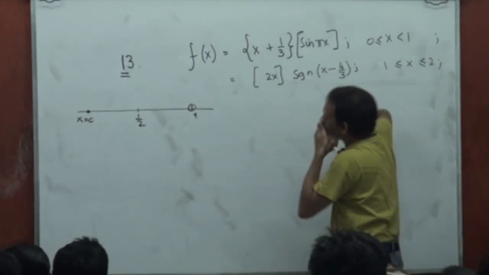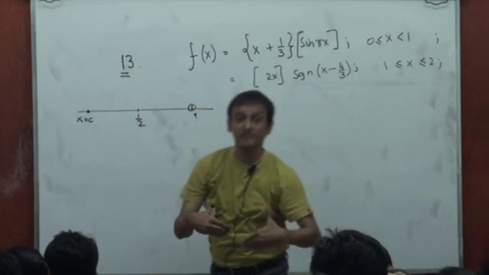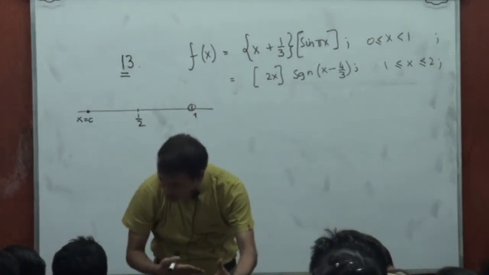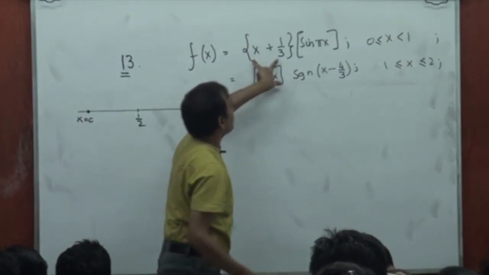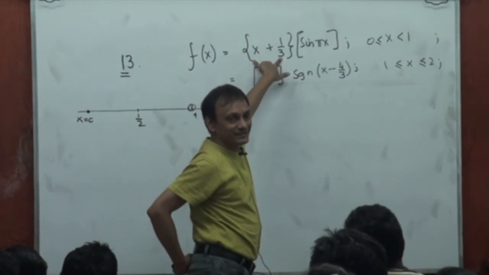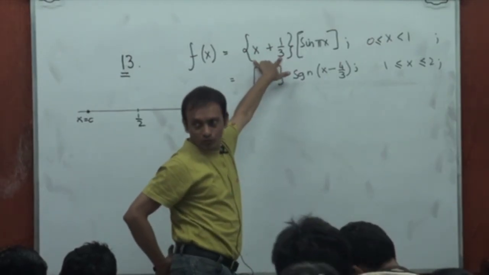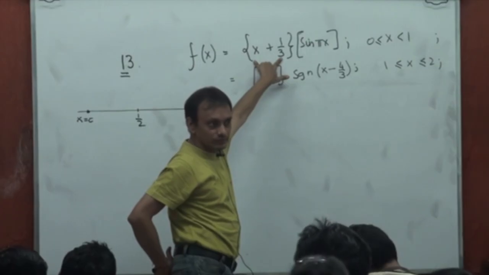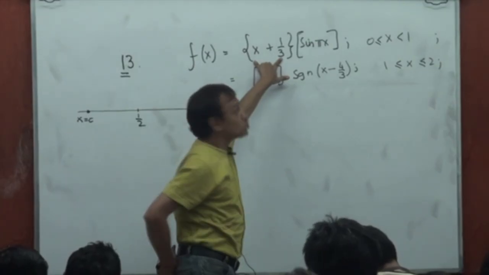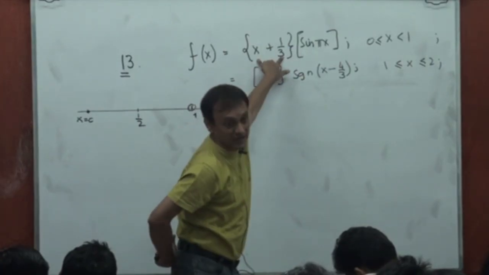Now x plus 1 by 3, the fractional part of something will change behavior every time the quantity inside is an integer, right? This will become an integer at x equal to 2 by 3, yes or no? Right? So x equal to 2 by 3 marks the point where this changes behavior.